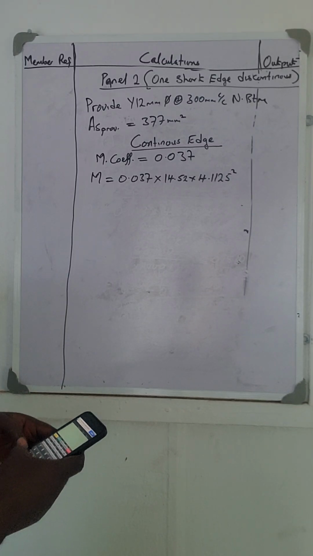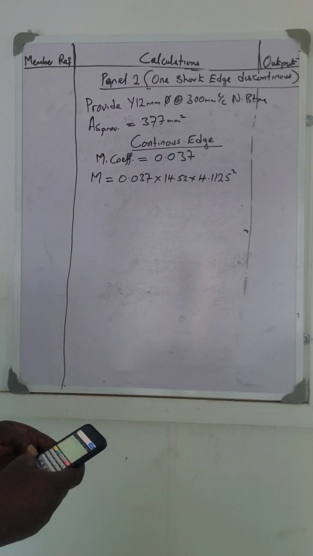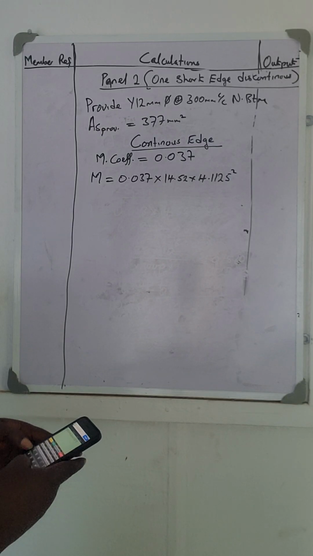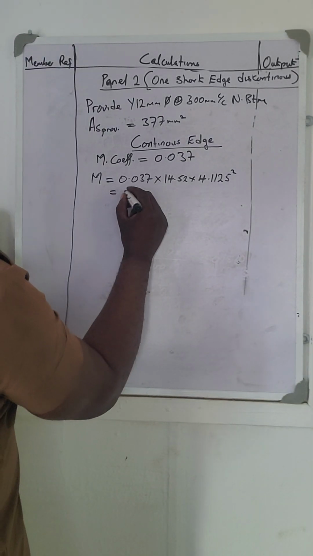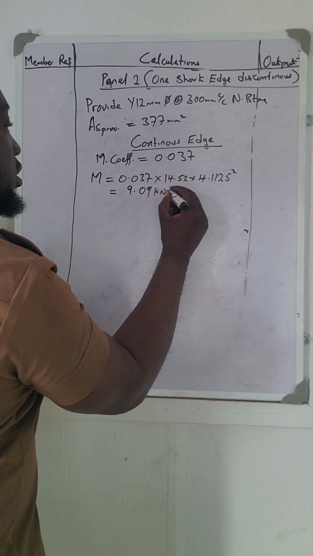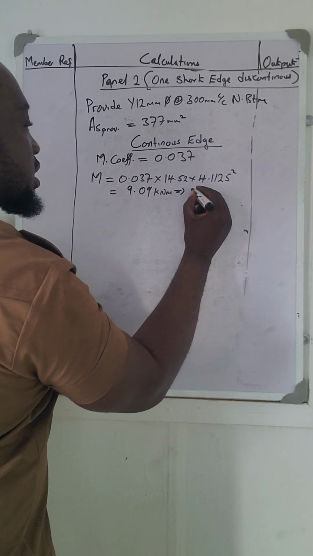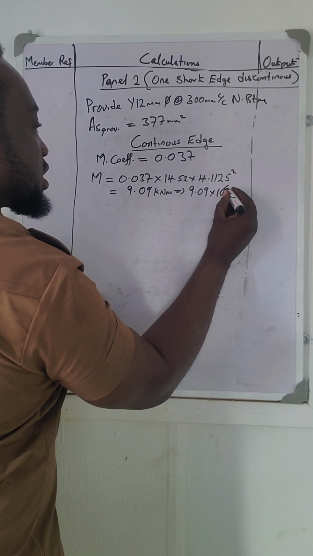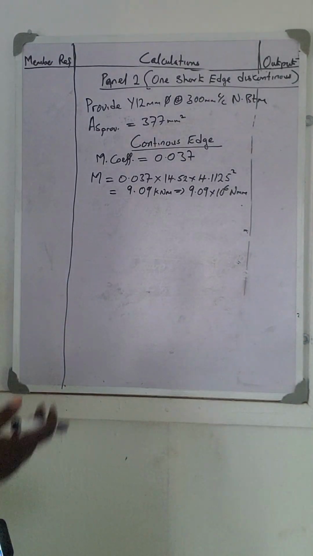If you compute this, you are going to have 9.09 kilonewton meters, which is the same thing as 9.09 times 10 raised to the power 6 Newton millimeters. Okay, I think we can progress.